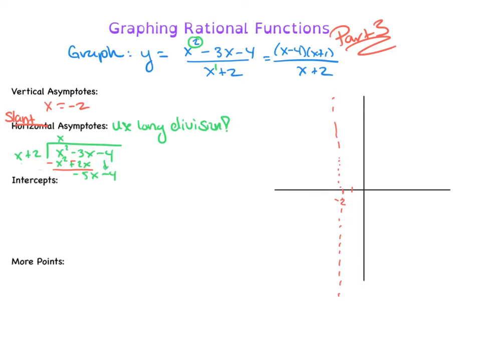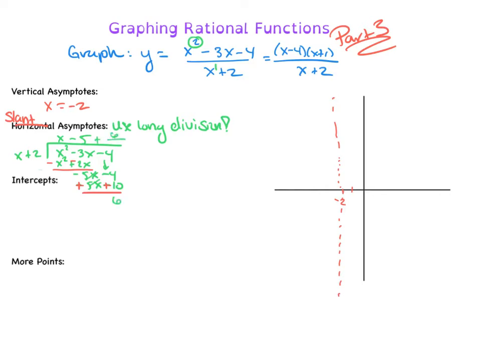Starting all over again, what do we multiply x by to make a negative 5x? That's negative 5. Distributing the negative 5 through the x plus 2 gives us a negative 5x minus 10. To subtract, drawing the line and changing both of those negative signs into positive signs gives us negative 5x's canceling and a remainder of 6.